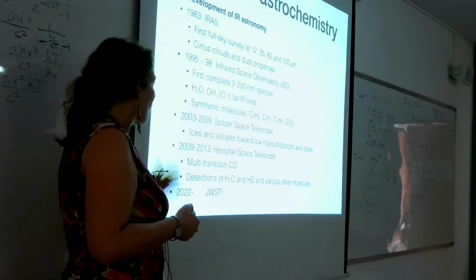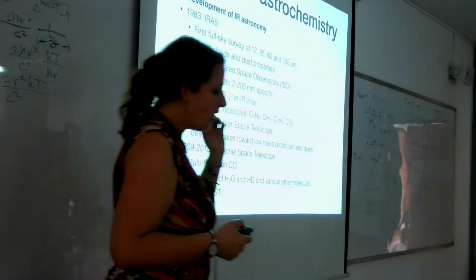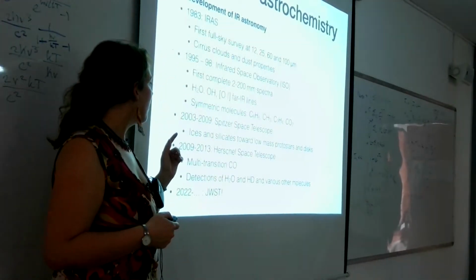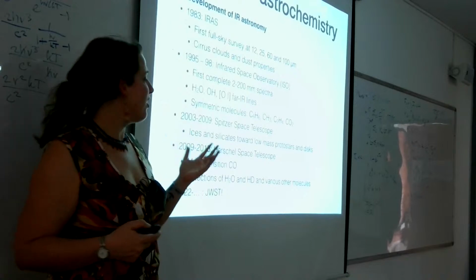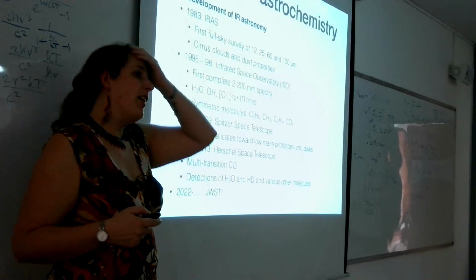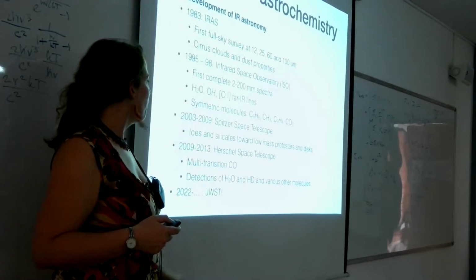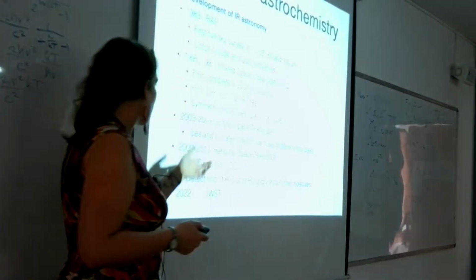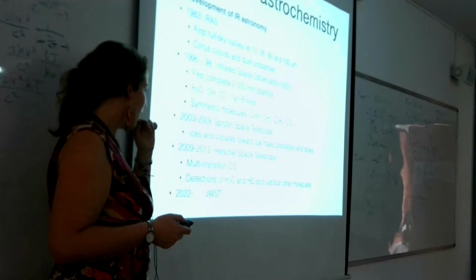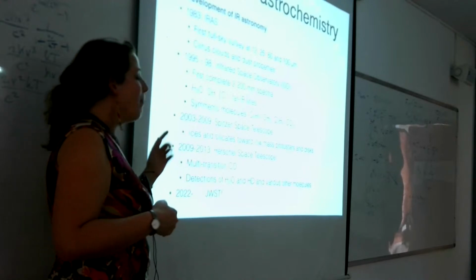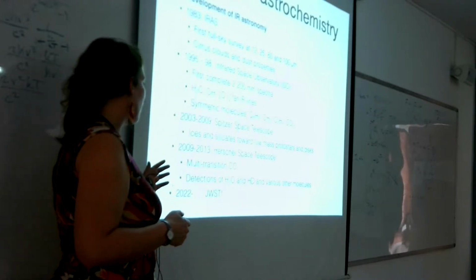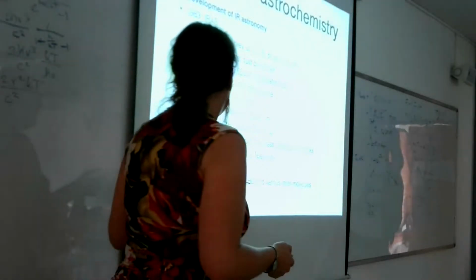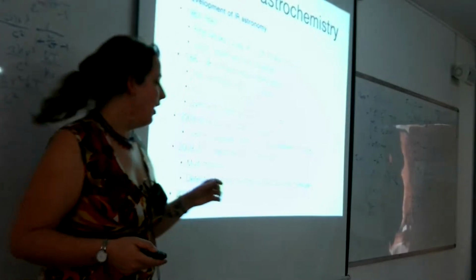And in 2000, Spitzer was again targeting specific clouds and disks. They found particularly ices and silicates. It was not really high enough resolution to observe really complex chemistry. Herschel, in the far infrared, was able to measure multiple transitions of CO. It also detected water and HD in protoplanetary disks and many other molecules.